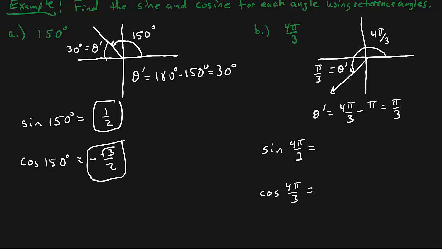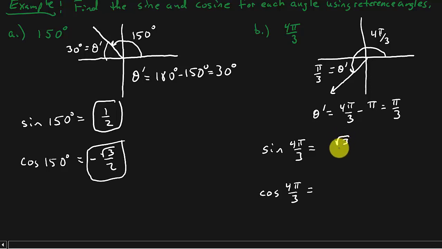Because we know pi over 3 is 60 degrees. Sometimes it's easier to remember these things in degrees, but you've got to be able to work with radians also. So the sine of pi over 3, or sine of 60, is square root of 3 over 2.